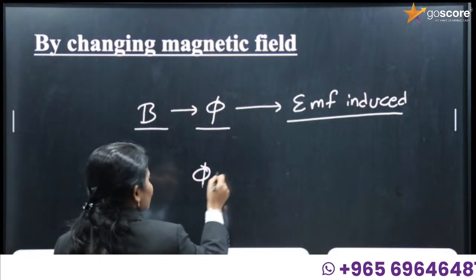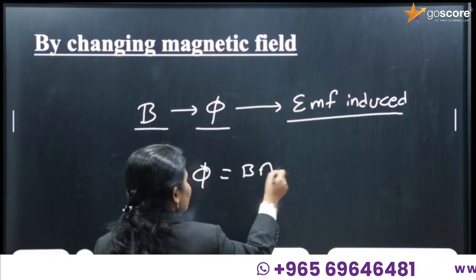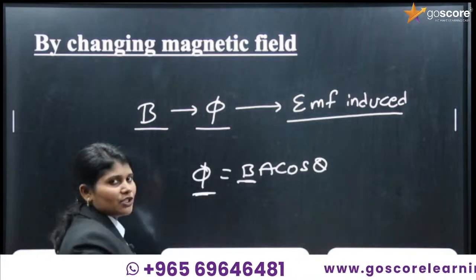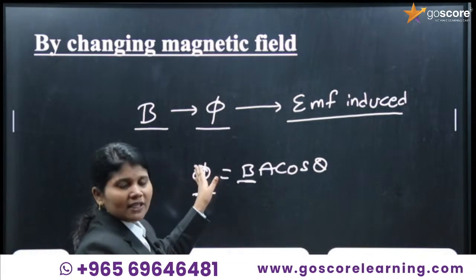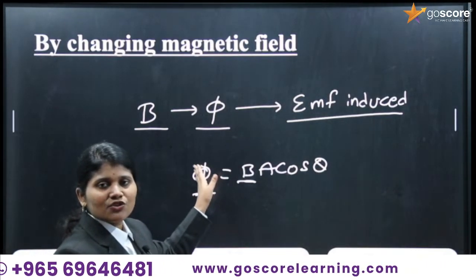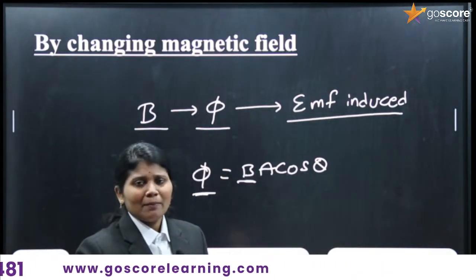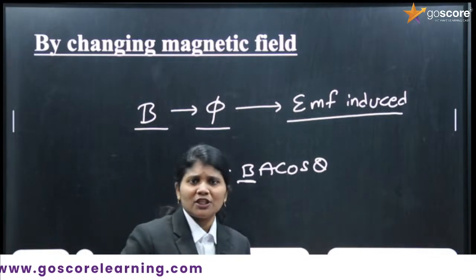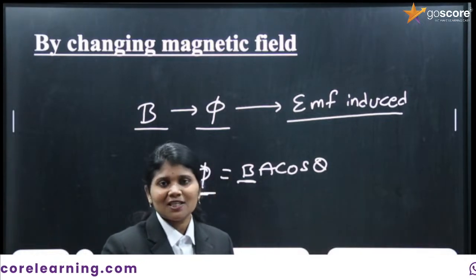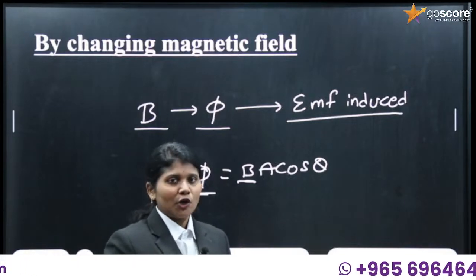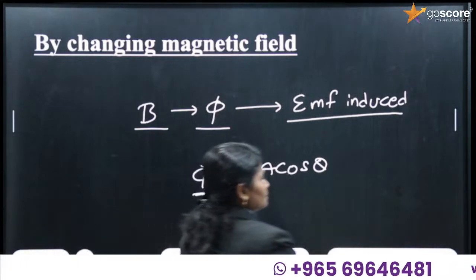Why? Flux is equal to BA cos theta, so here B is changing, flux is changing. When the magnetic flux changes, EMF will be induced in a coil according to Faraday's law.